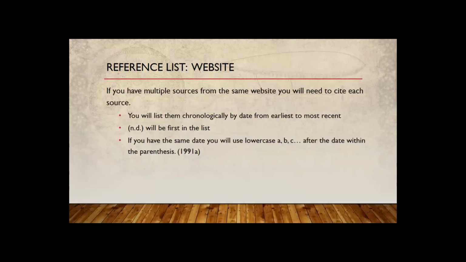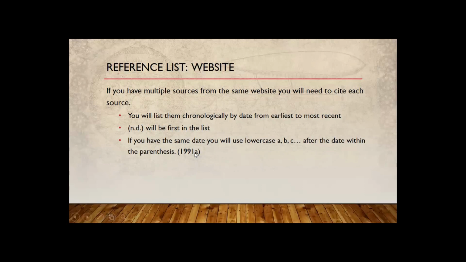Also, if you have multiple sources from the same website, you need to cite each source. You'll list them chronologically by date from earliest to most recent. No date will be first in the list. But if you have the same date, you'll use a lowercase a, b, and c after the date within the parentheses. This counts the same as if you're taking different information from the same book.